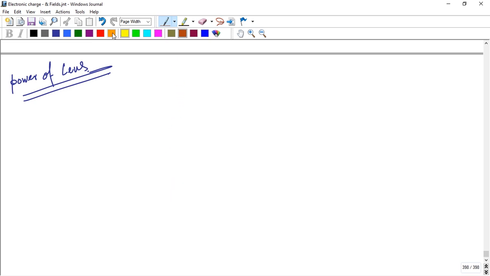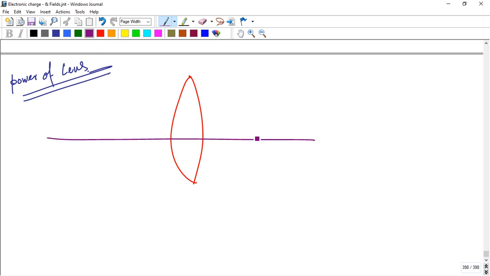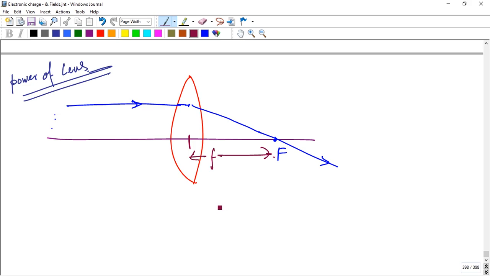So what does power mean? Suppose there is a convex lens, this is the principal axis, here is the object, and this is the incident ray. After refraction it passes through the focus, and the distance from the pole to the focus is called the focal length. Look carefully: this angle and this angle are the same.